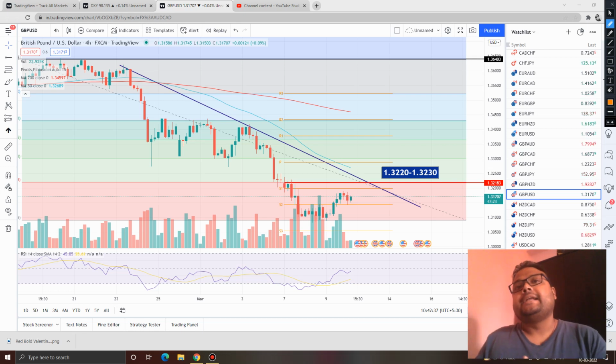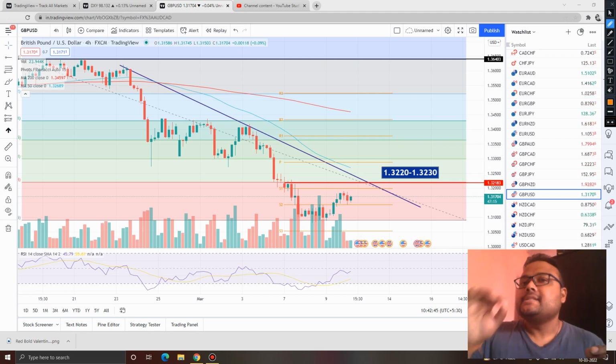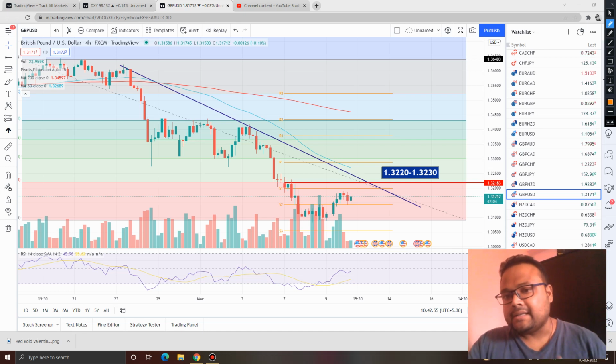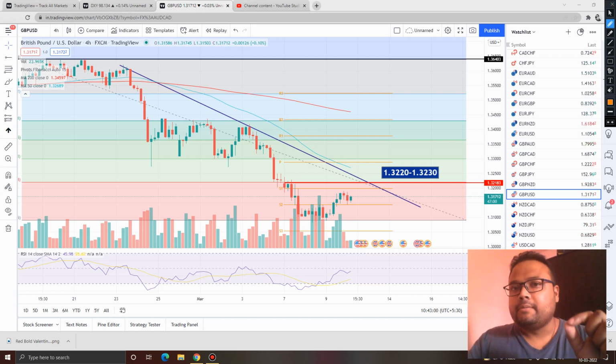Unlike the Euro USD chart, where we have a bullish flag formation, in this chart we don't have anything as such. So there's a good possibility that if the market goes up, it will face some selling pressure around this level, and we can expect selling. So if the market goes up, observe the market carefully.